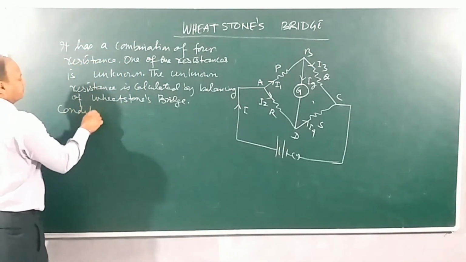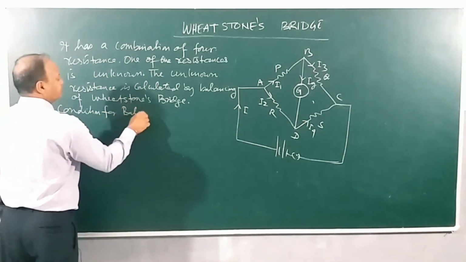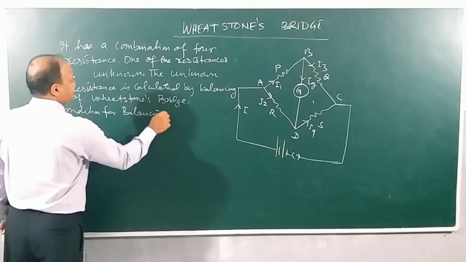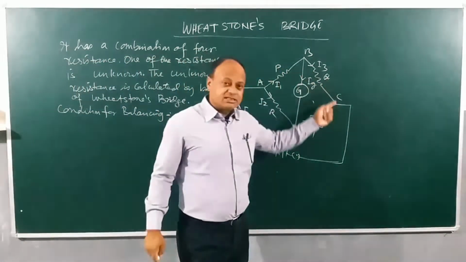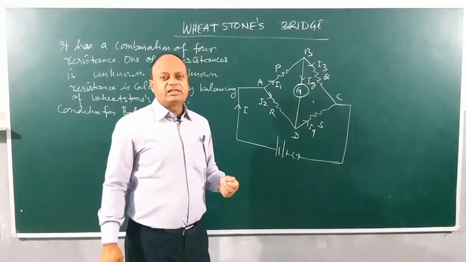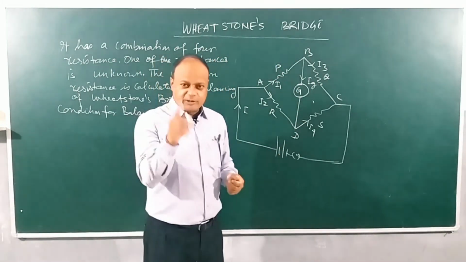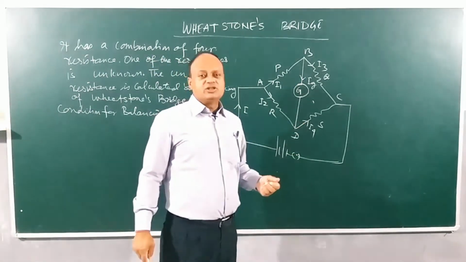Condition for balancing of Wheatstone's bridge. Like I said, this Wheatstone's bridge is balanced if points B and D are at the same potential, they become equipotential, and in this case current through galvanometer will be 0.